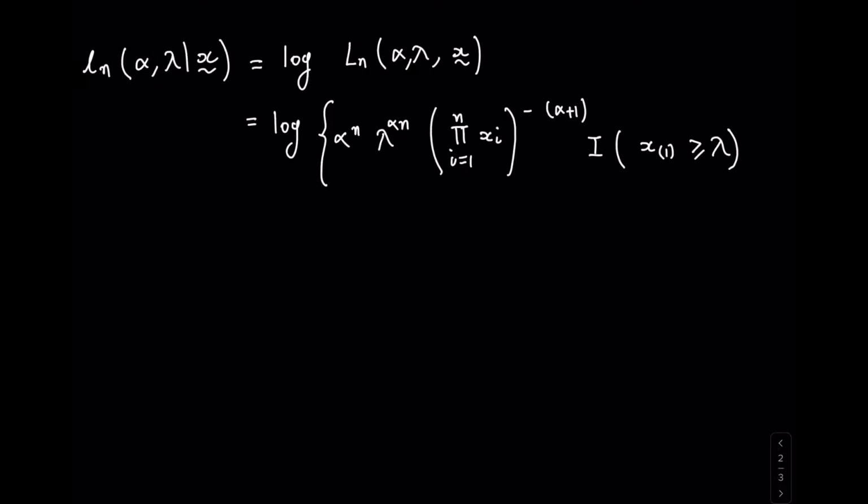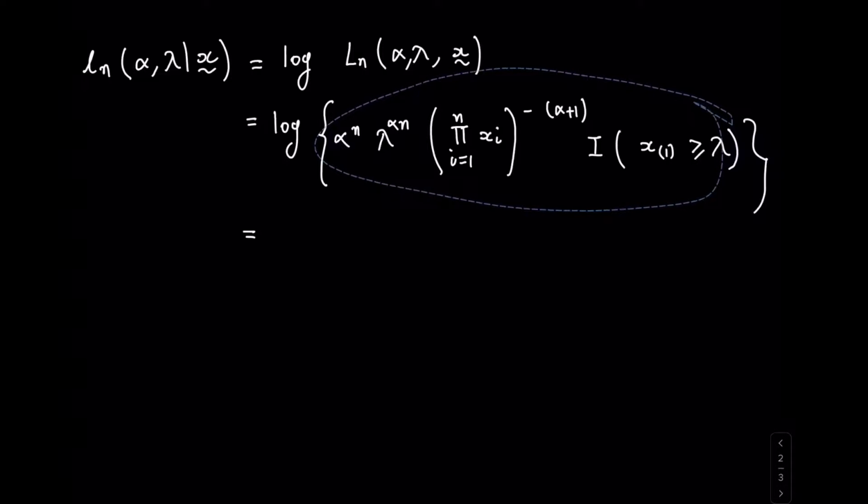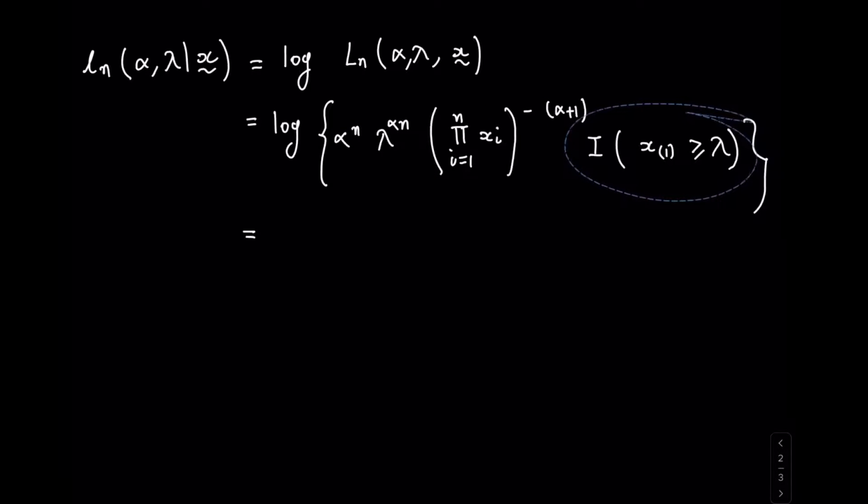And now I'm going to do some bit of simplification here of our products. The first thing to note is we've got a series of products in this particular function, and we know that log of a series of products is equal to the sum of logs.